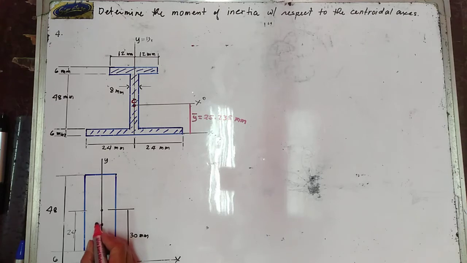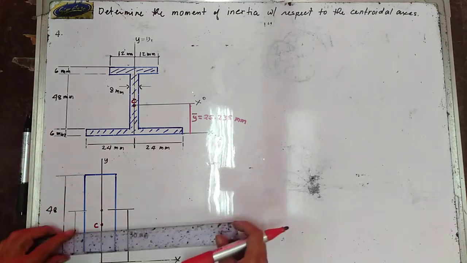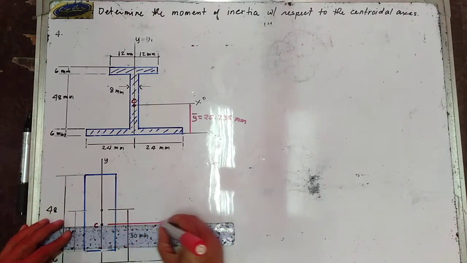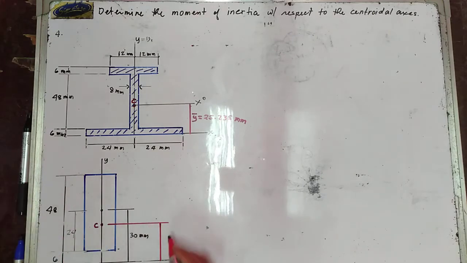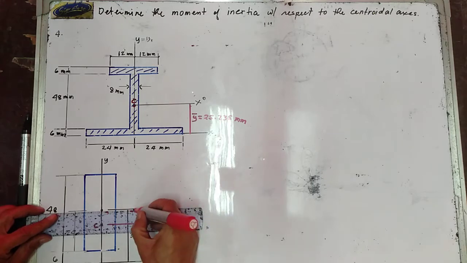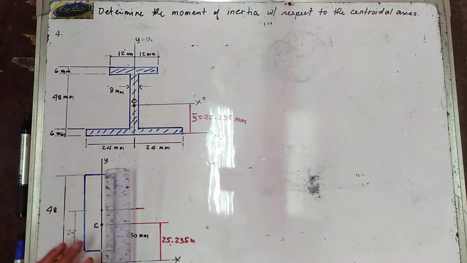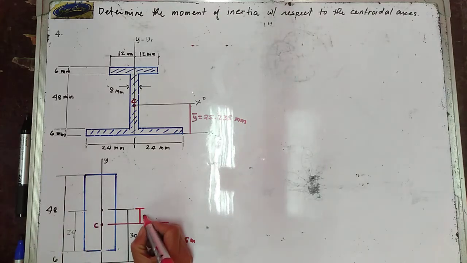So, that is your C. Now, such that this distance in here from the centroid of this area to the centroid of the composite figure, we call this one your dy1.